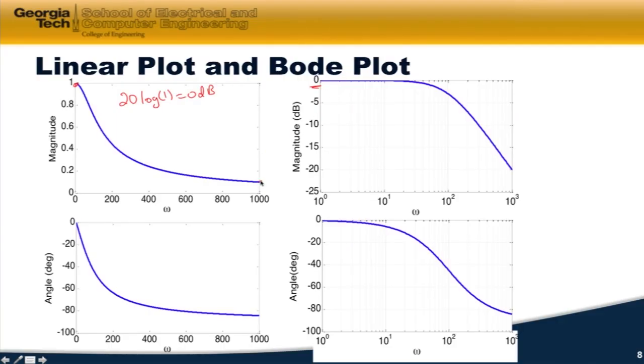Over here, I'm at 0.1, so 20 times the log of 0.1 is equal to minus 20 decibels, and that's where we get minus 20 decibels over here. This is at 10 to the third, 1,000 radians per second. And the angle is the same information. I'm just plotting on a log scale over here.